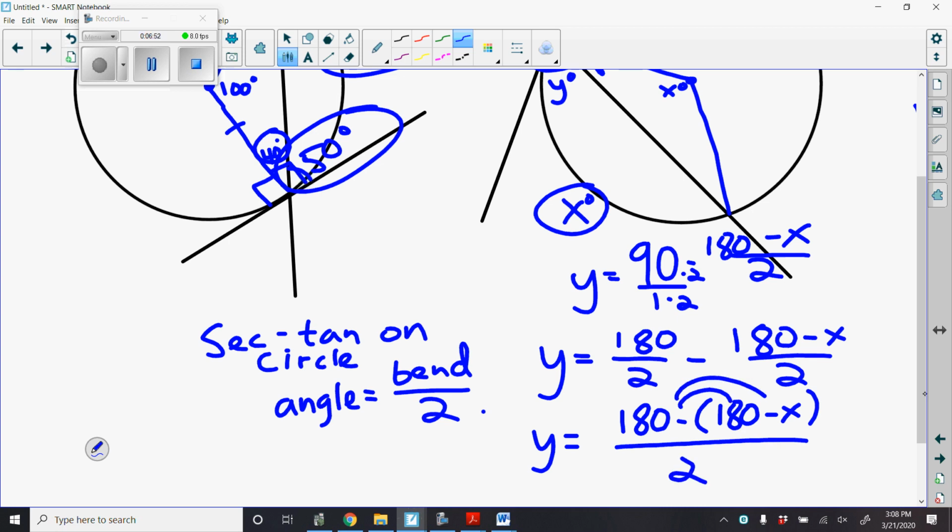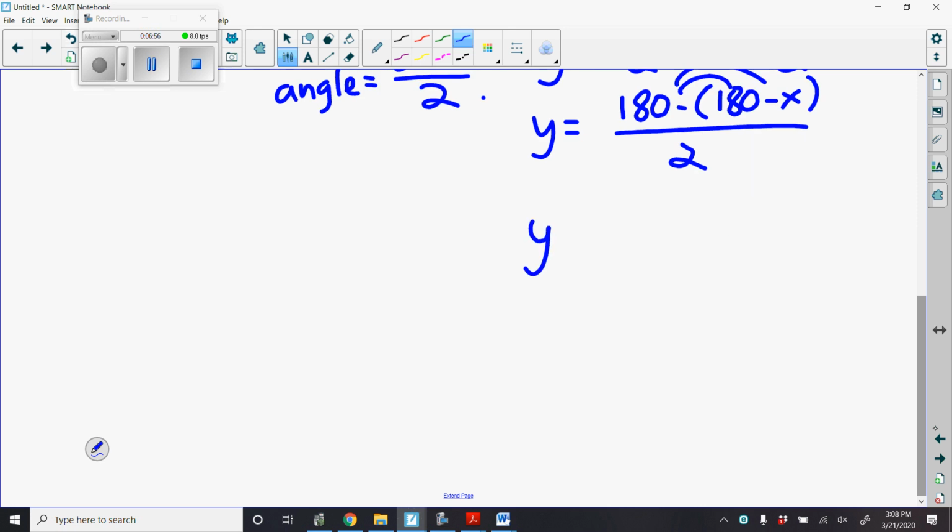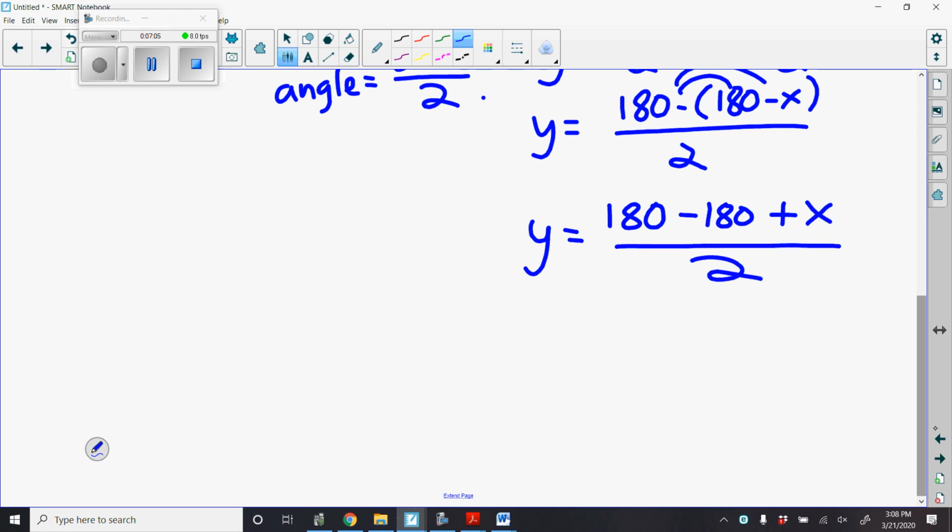I can distribute that minus, and I'm going to get Y equals (180 minus 180 plus X) over 2. And my 180 and minus 180 cancel, and I get Y equals X over 2.